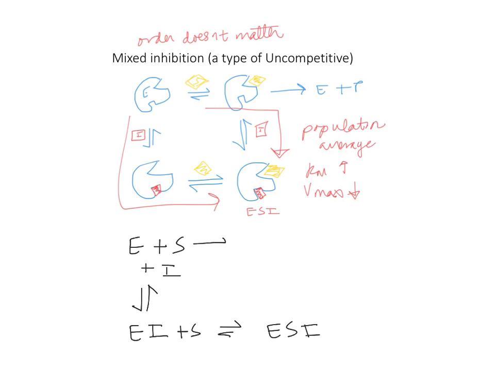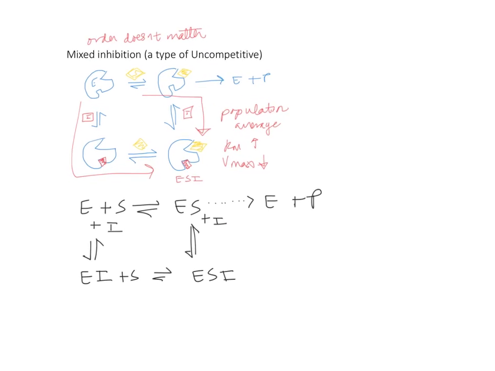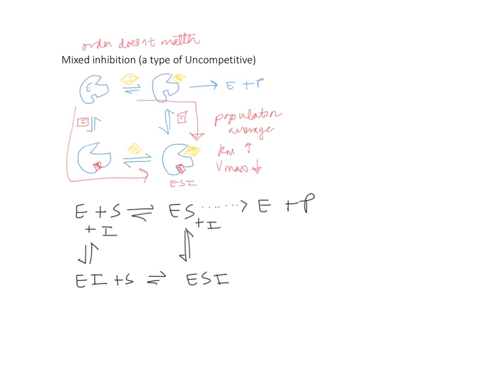Or substrate binds first to get to ES, and then inhibitor binds second, so plus I. And it is possible that some of the substrate in the ES could be converted into product, and that product will leave the enzyme, so you get E plus P. So again, like I said, this is a population average because either route is possible.